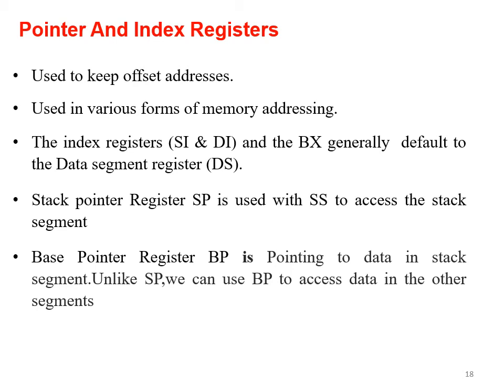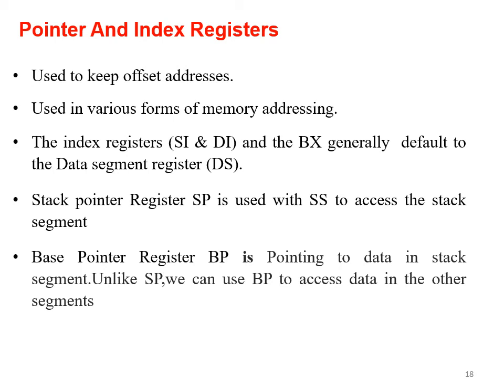Similarly, for the stack segment, you have two pointer registers: the stack pointer register and the base pointer register. The stack pointer register is used with the stack segment address to access that stack segment. It will take you to that particular location in the stack segment.